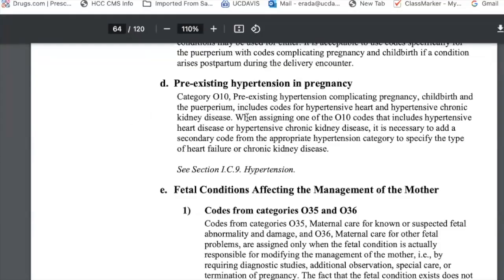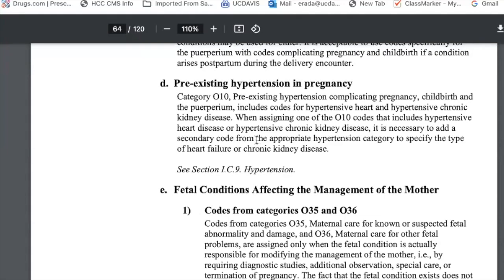Okay. So when assigning one of the O10 codes that includes hypertensive heart disease or hypertensive chronic kidney disease, it is necessary to add a secondary code from the appropriate hypertension category to specify the type of heart failure or chronic kidney disease. So what does that mean, guys? So you still have to assign the other hypertension codes.